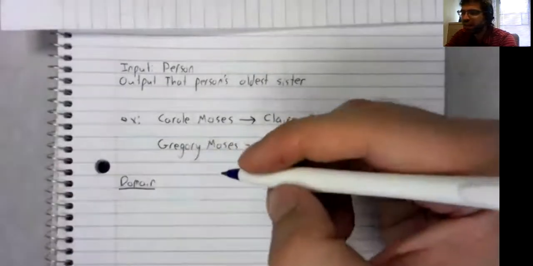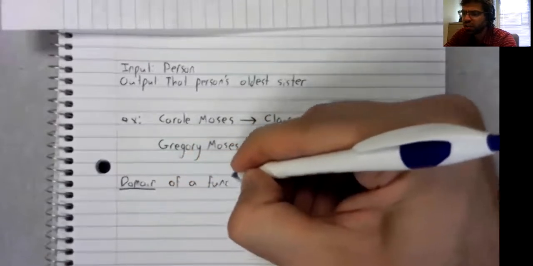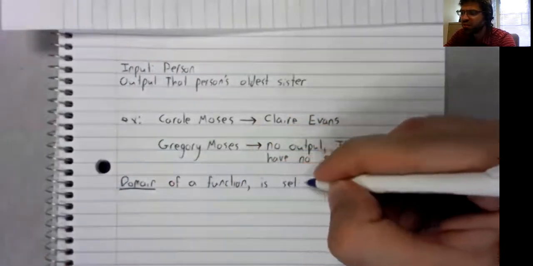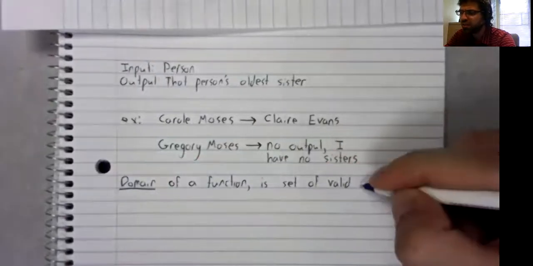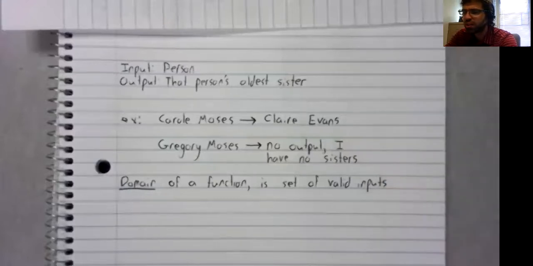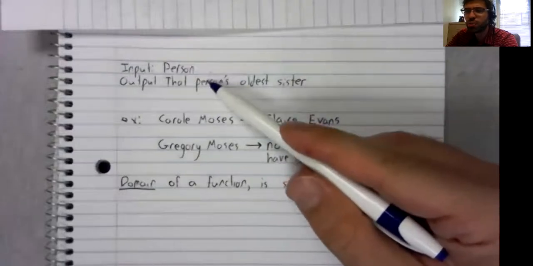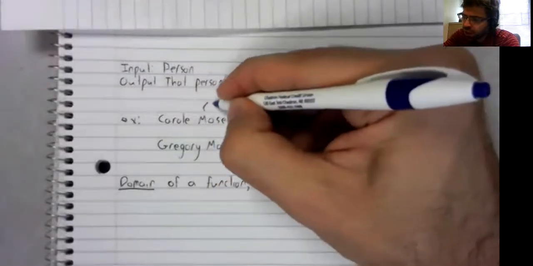The domain of a function is the set of valid inputs. That is, the inputs that give outputs.